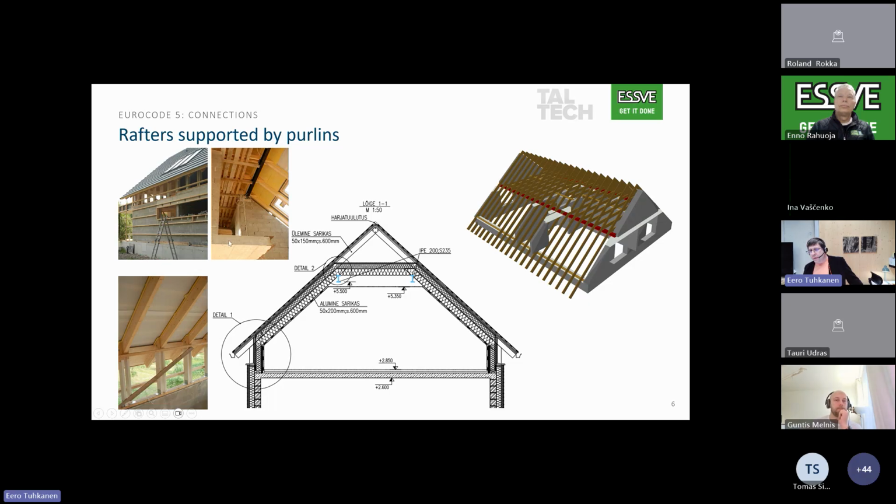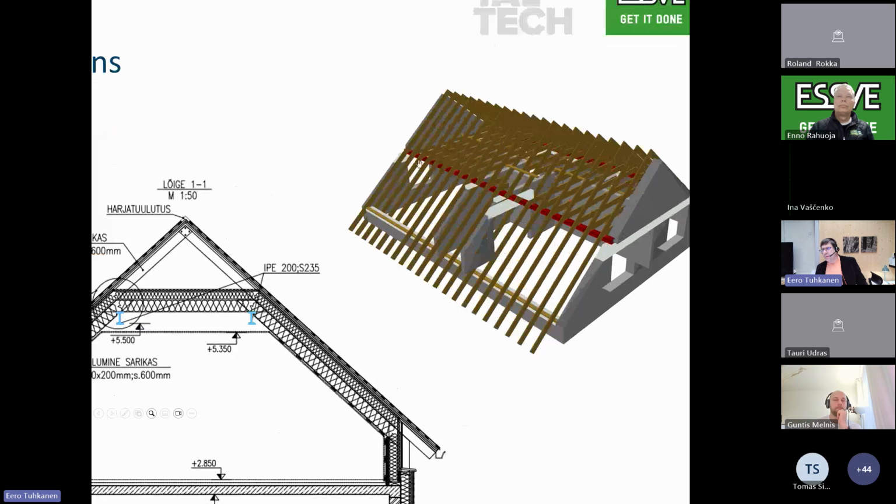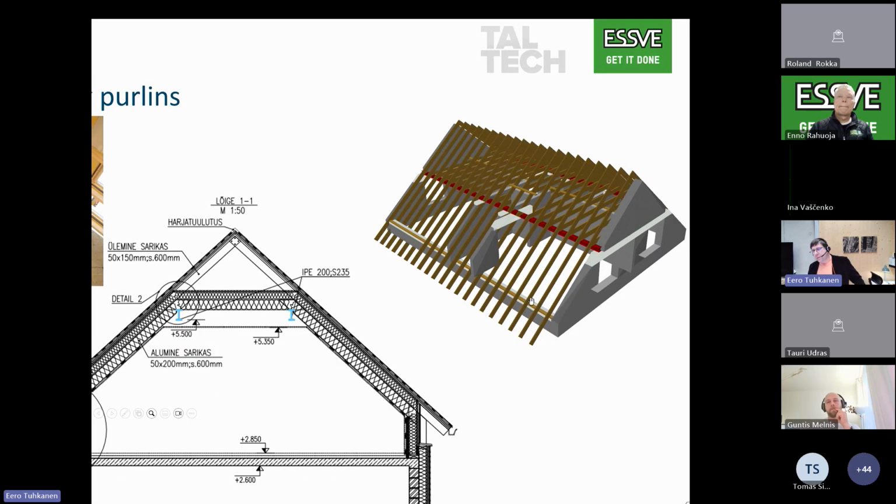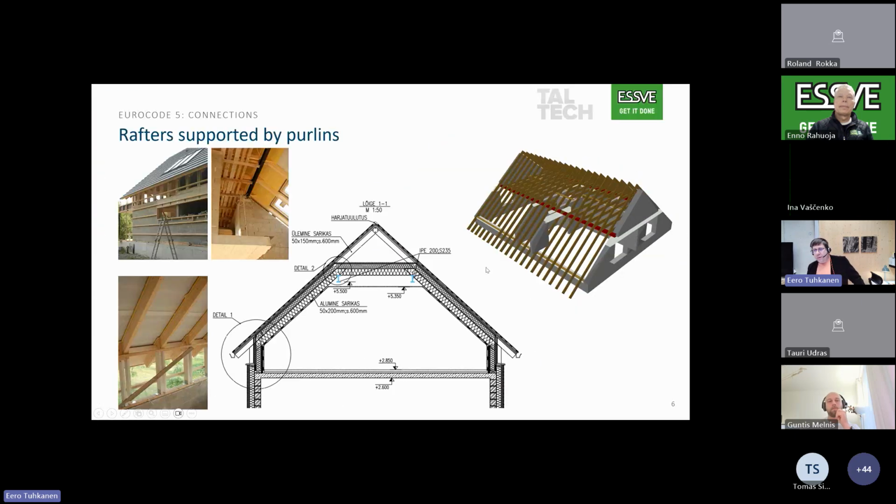This is not related to the left one. You can here also see that there is a steel beam going through the building, which supports the rafters, and the rafter is fixed to the beam, and also to the wall plate, or however we call that, under it.